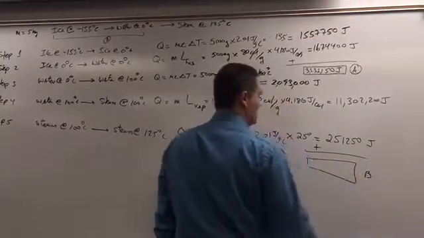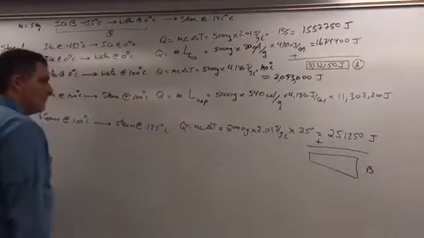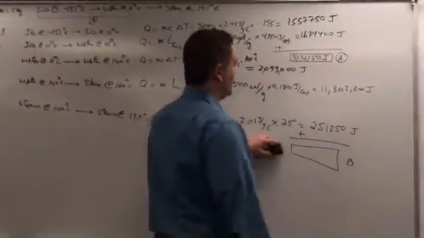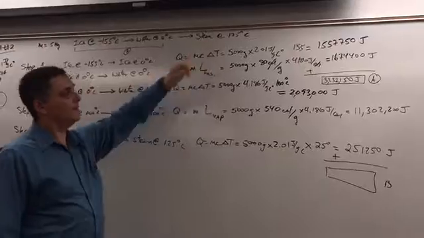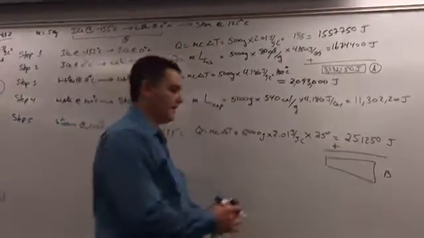Which is like 16 million some odd. Wait, plus A? Yeah, because you need to go from here all the way to there. So you're adding all 5 steps? Yes, you're adding all 5 steps together. It's basically 2 questions in one.